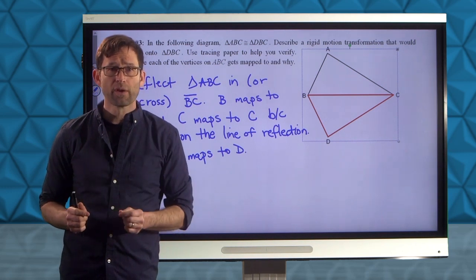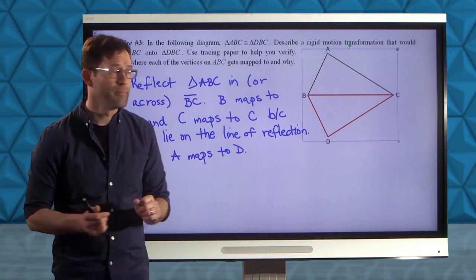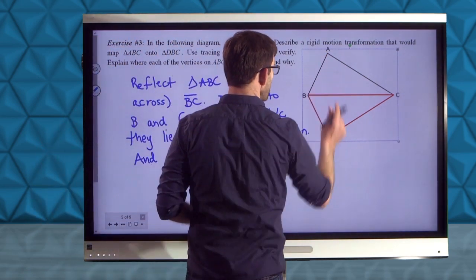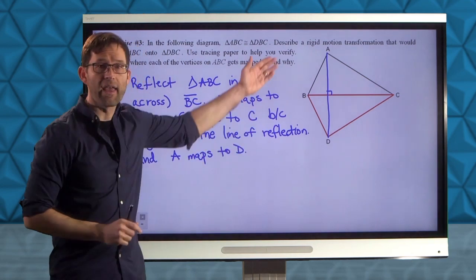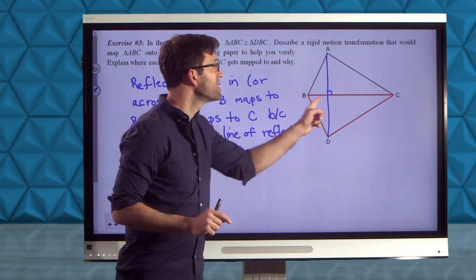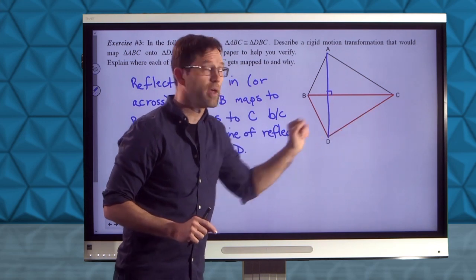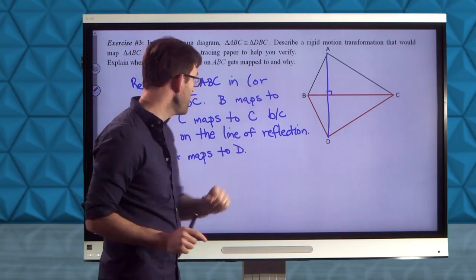But remember what a reflection is, and let's talk about this just for a moment before we move on. If I actually connected point A with point D, in order for A to get mapped down to D, it means that BC, the line of reflection, must be the perpendicular bisector of AD.